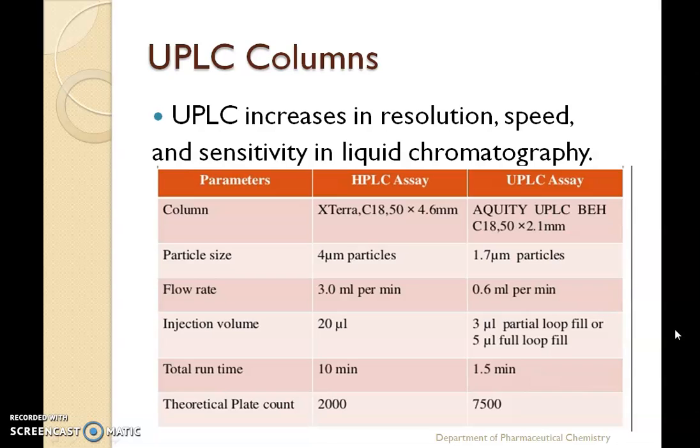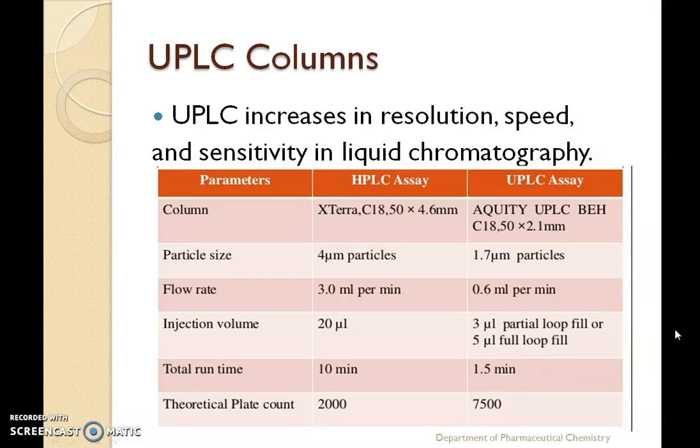Here is a slide. What you are seeing is there is some slight difference between the HPLC column and the UPLC column. When you use a C18 column with a diameter of 4.5 in case of HPLC, in case of UPLC it is C18 with only 50 by 2.1 mm in diameter.